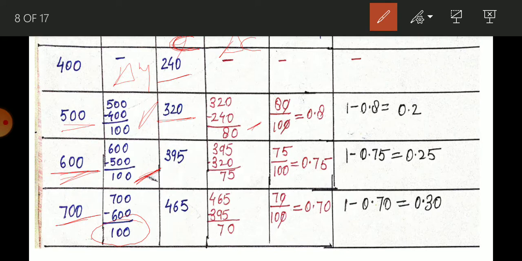Okay, now when income is 600, consumption is 395 and previous consumption is 330. So when we subtract we get 65. Okay, now when our national income is 700, that time consumption is 465 and previous consumption is 395. So when we subtract we get 70.